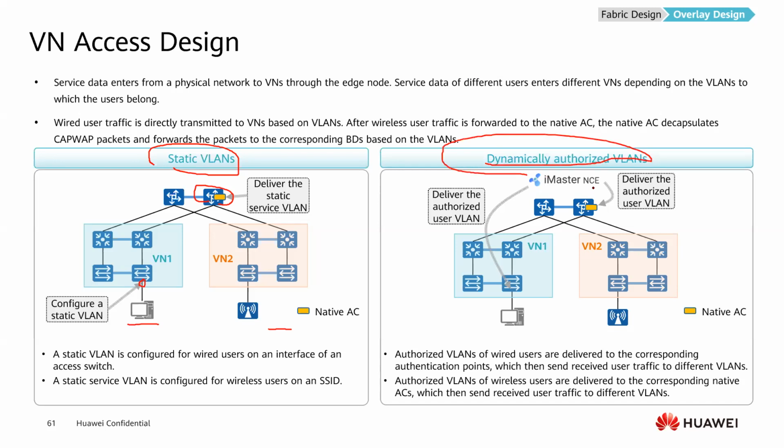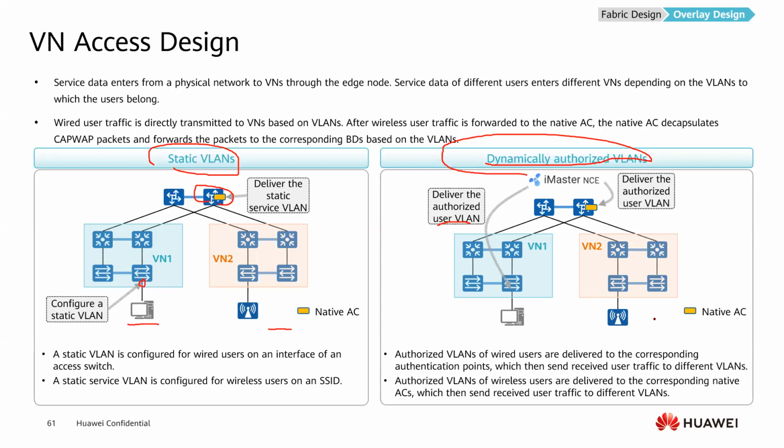So for the wired users, they can get the authorized user VLAN after they pass the authentication, as well as the wireless users. All of them can get the authorized user VLAN after they pass the authentication.